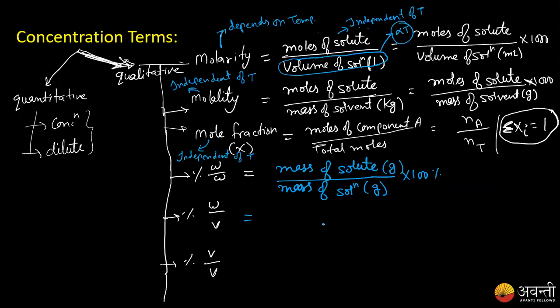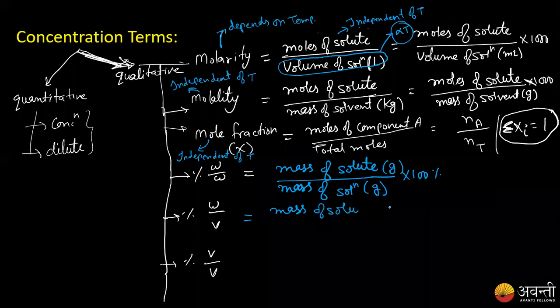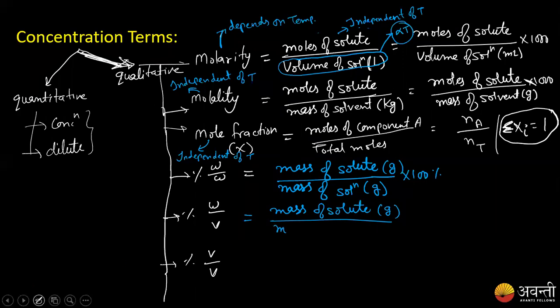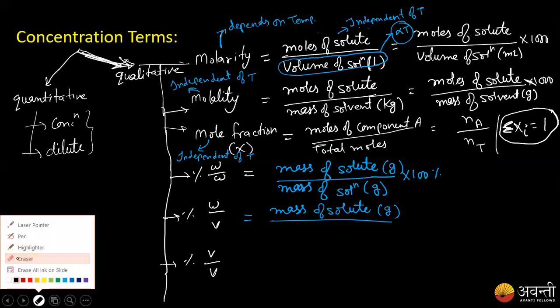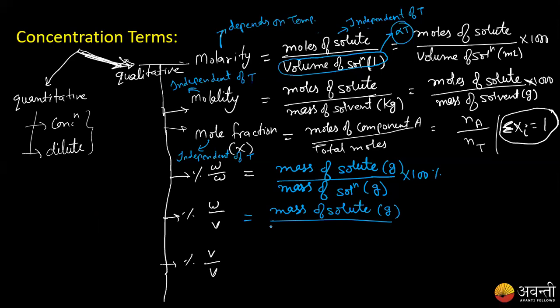So that will be mass of solute, in gram, divided by not mass, but volume of solution in ml, into 100%.